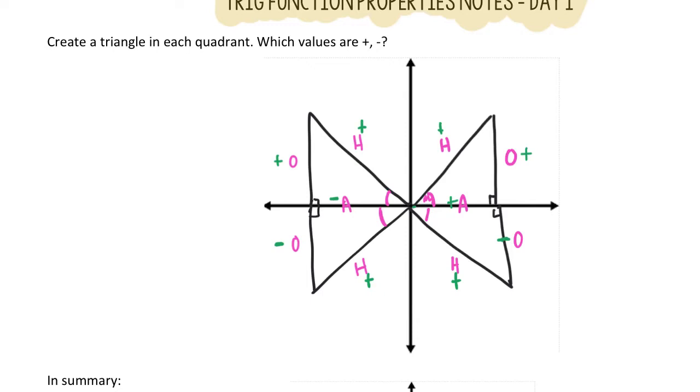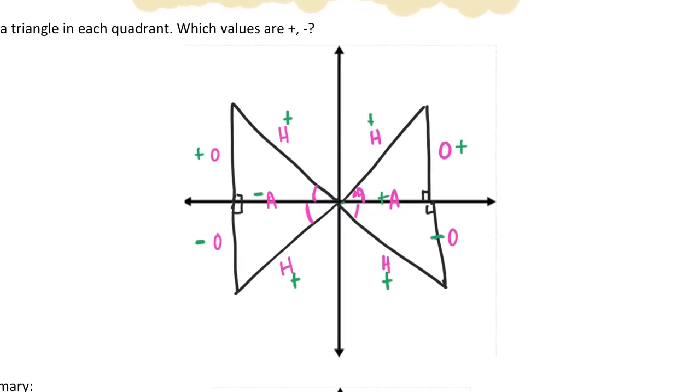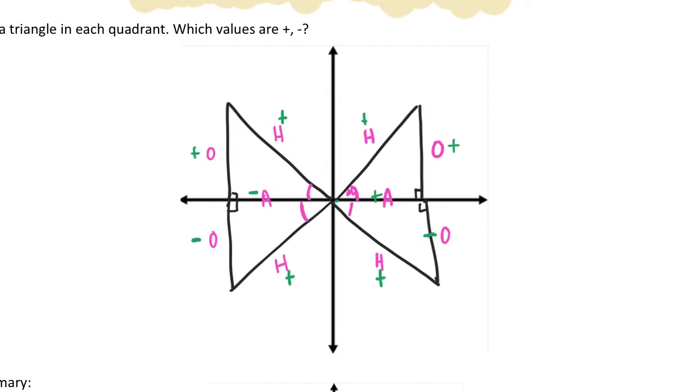Now we're going to use those signs and the labels that we've created to figure out which trig functions are positive or negative in each quadrant. So in this first quadrant, remember this is quadrant 1, let's talk about the signs that sine, cosine, and tangent would have here.